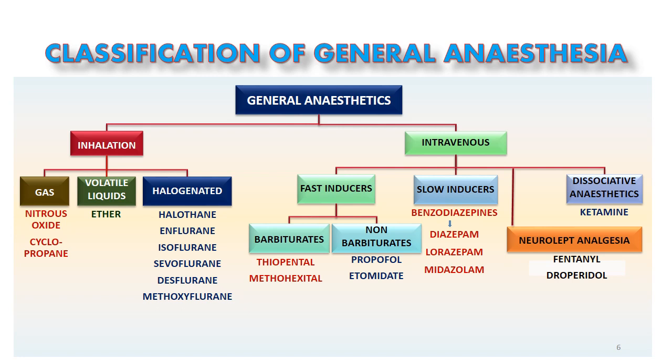In inhalational, three types of agents are used: gases, volatile liquids, and halogenated hydrocarbons. Another one is intravenous, where we can use fast inducer agents, slow inducers, neuroleptic analgesic agents, and dissociative anesthetics.